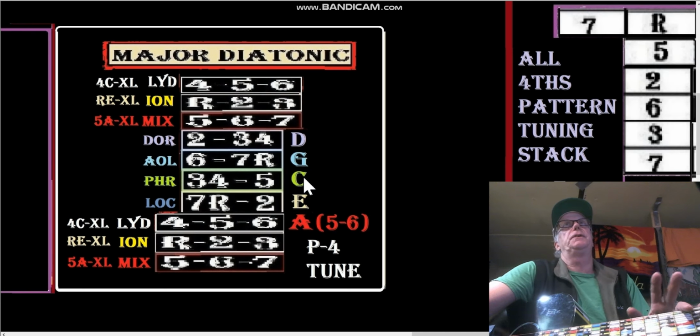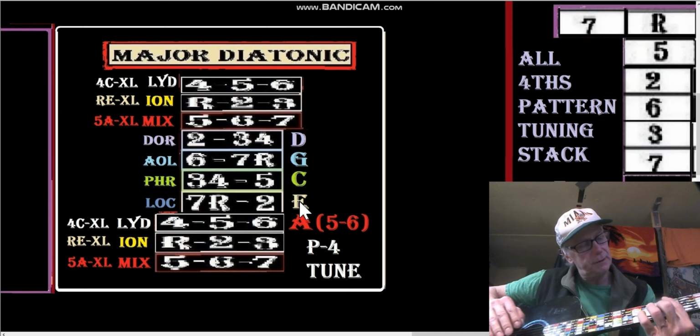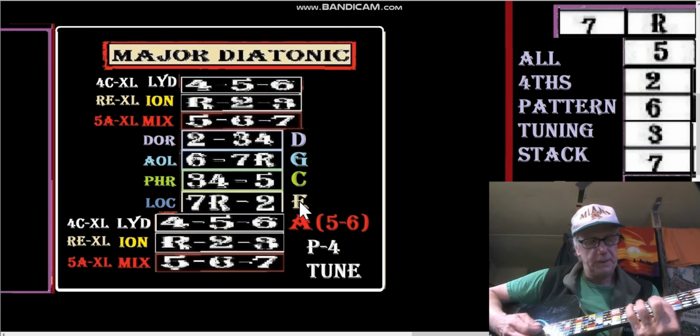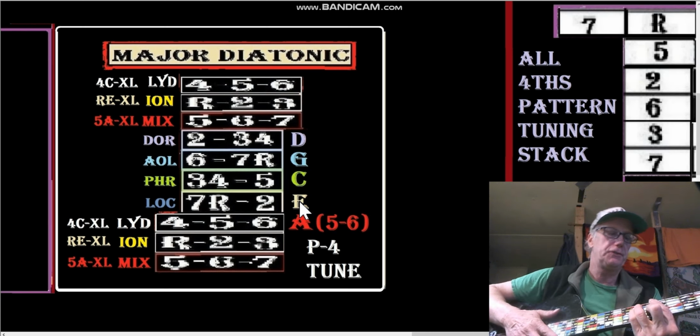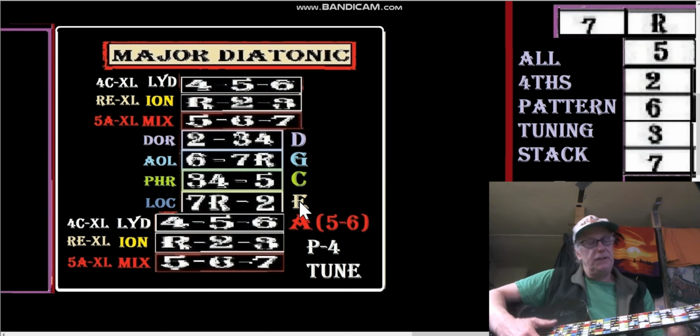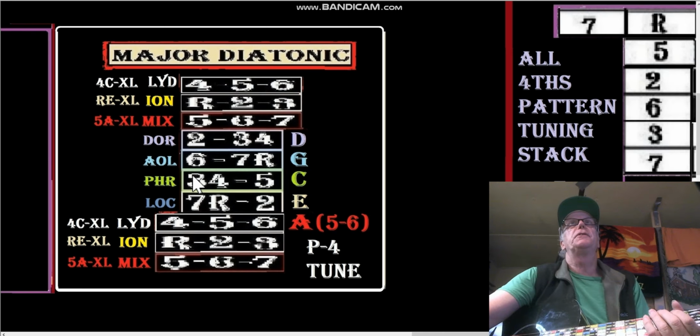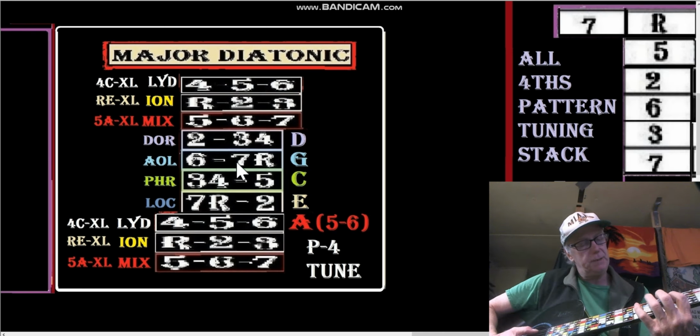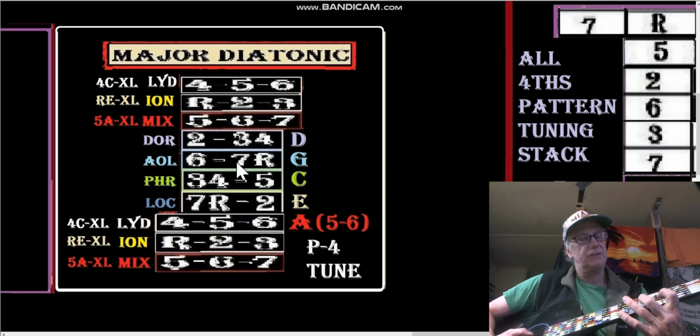Big deal. The 4th of C is the E-shaped F, right? C here, E shape. That's its 4th. The thing is that if we go from the C to the G string shape, 3, 4, 5, 6, 7 root.